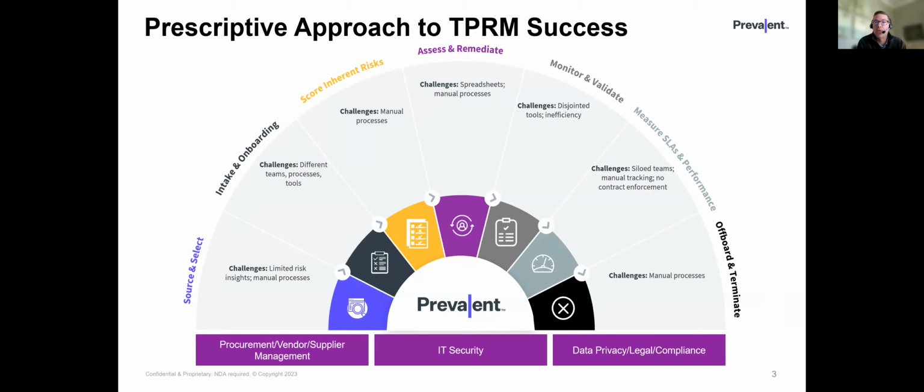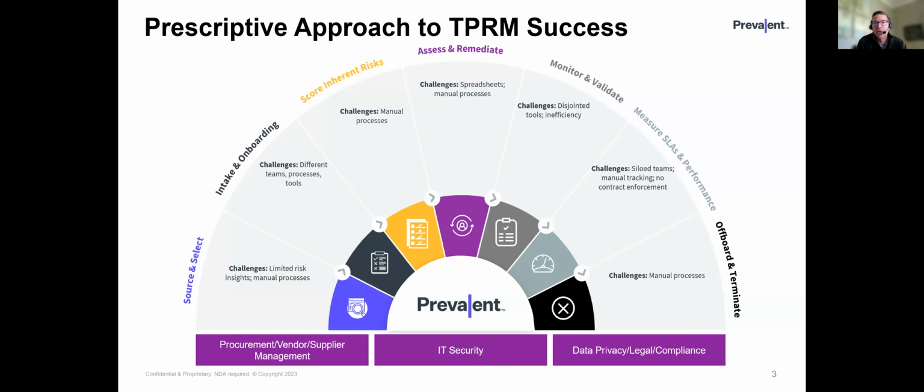to performing that regular assessment and then recommending remediation recommendations, monitoring and validation of those results over time, consuming different monitoring feeds and making sense of the data, measuring the service level agreements and performance KPIs and KRIs of the vendor over its life cycle, and then ultimately, as every vendor relationship will eventually do, it will come to an end.